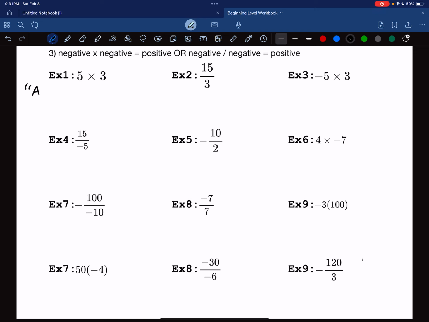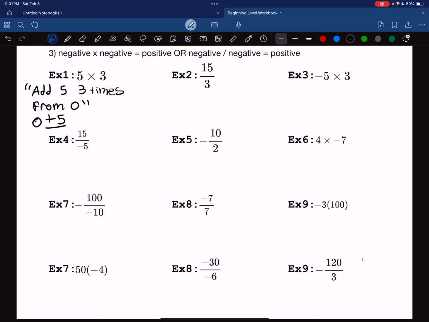In other words, 5 times 3 is asking us to add 5 3 times from 0. So let's do that. We're starting at 0, and let's add 5 3 times.